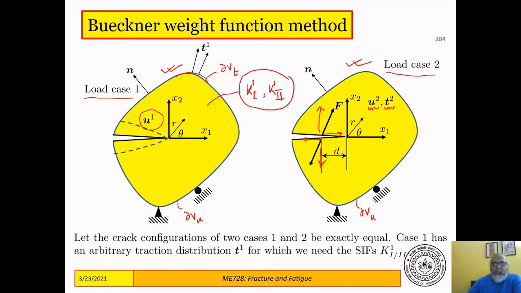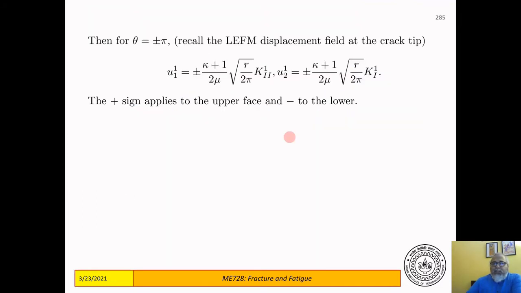In load case 1, the displacement U^1 very close to the tip of a crack will be given by the Williams solution, and if you apply the Williams solution to the displacements at theta equal to plus minus pi, you will get these two expressions.